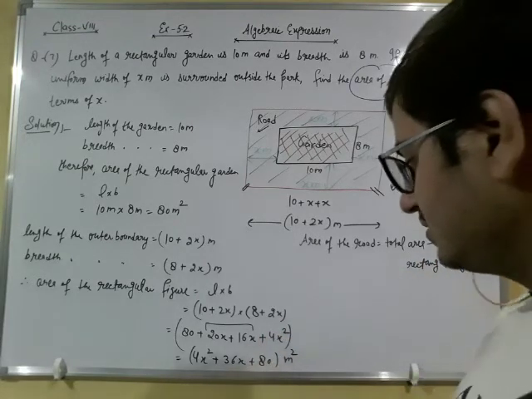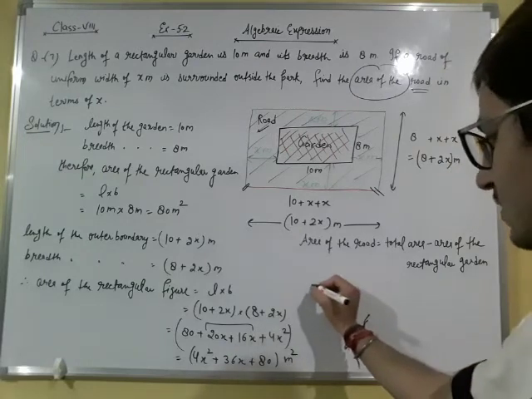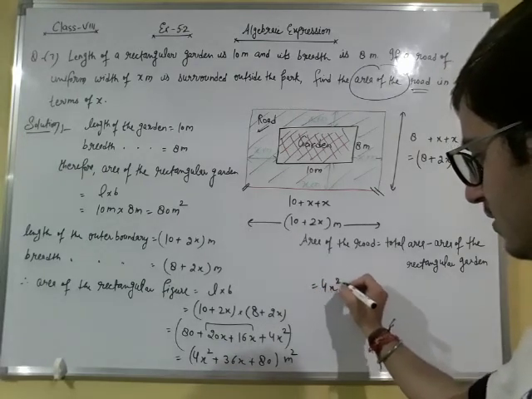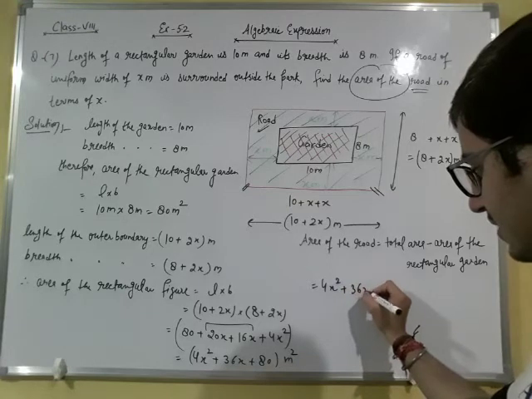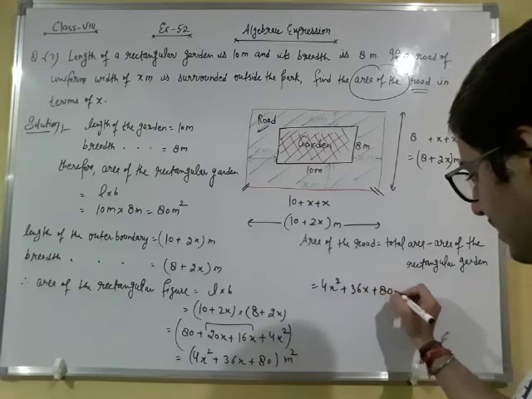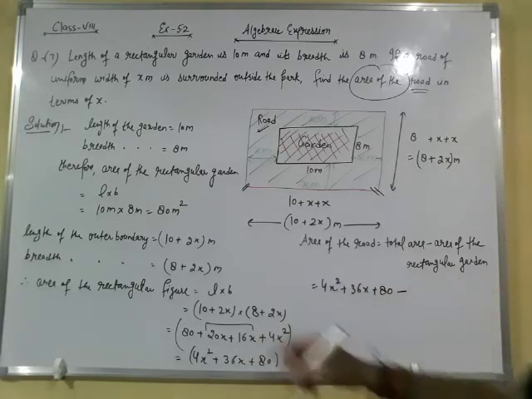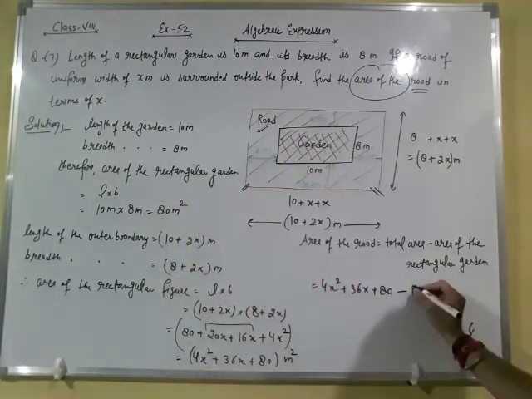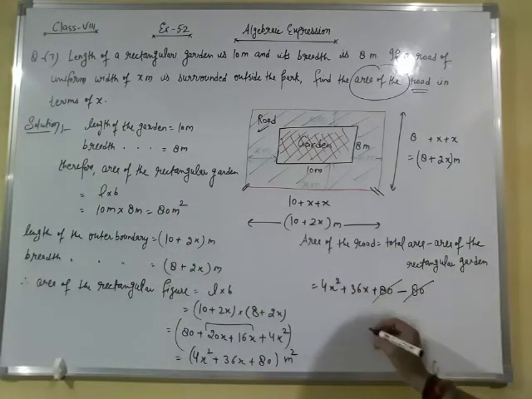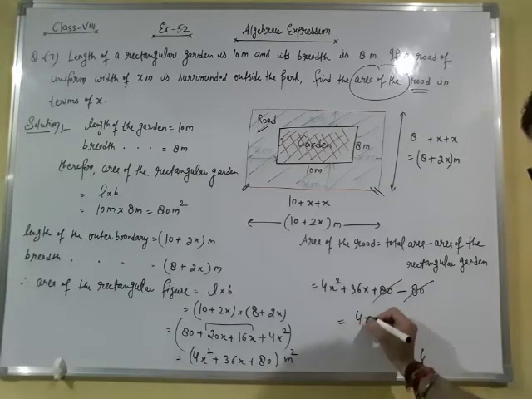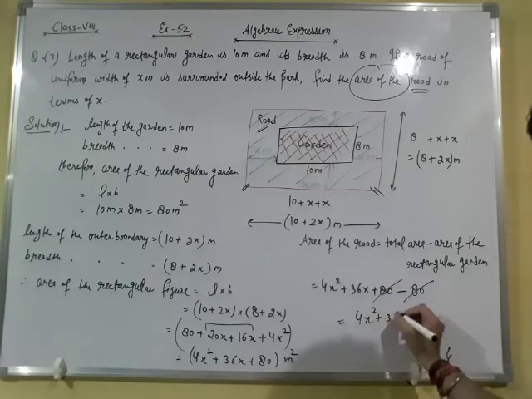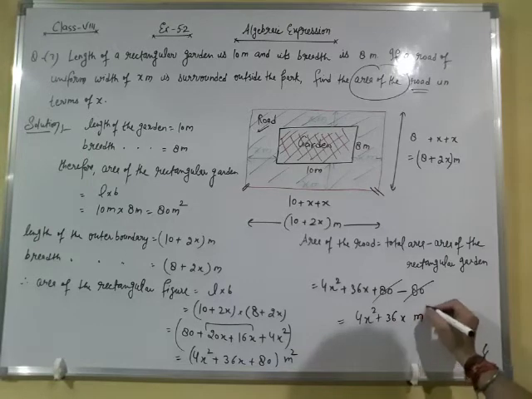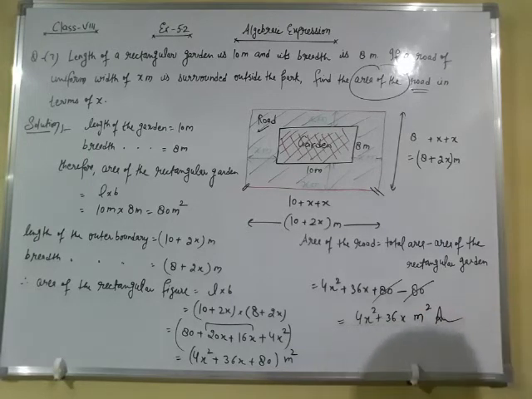Total area is 4x square plus 36x plus 80 minus area of the rectangular garden, which is 80. 80 minus 80 cancels, so the final answer is 4x square plus 36x meter square. This is the required area.